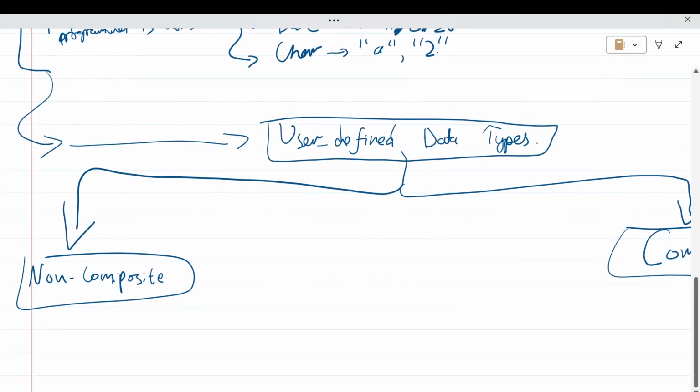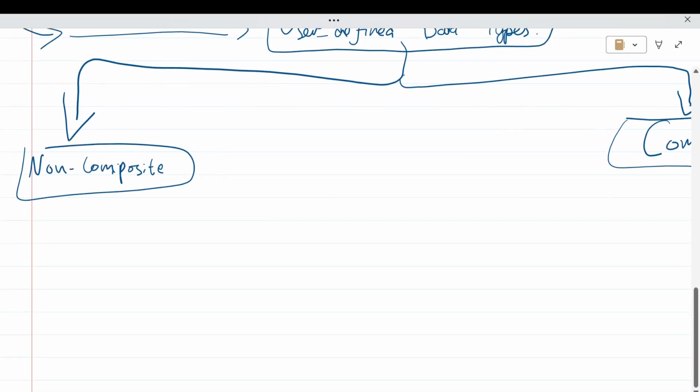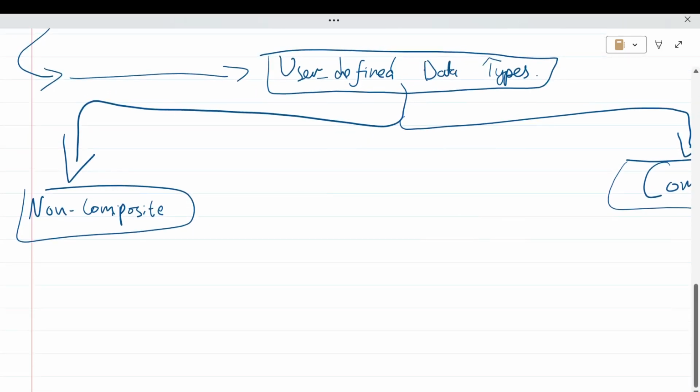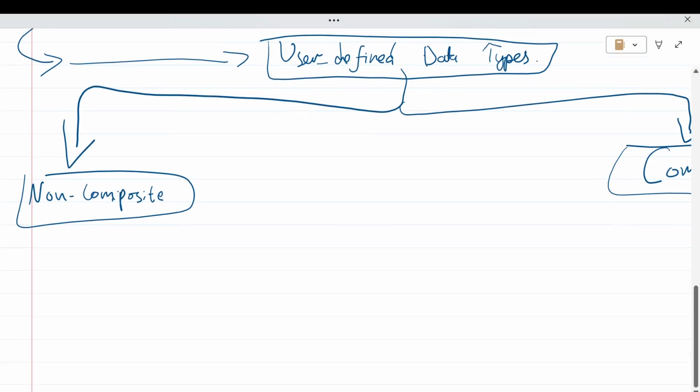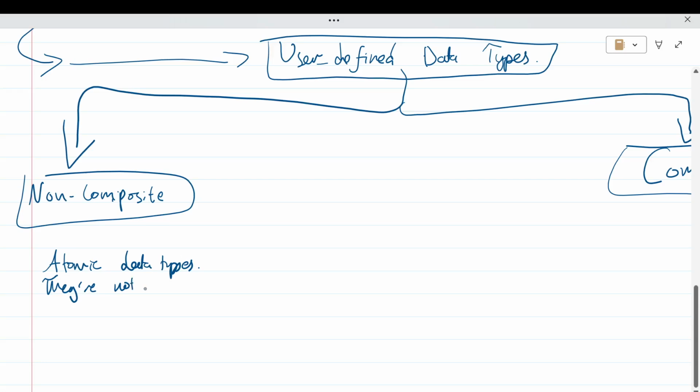User-defined means that they are defined by the user, and non-composite, or let's call it atomic, means that they are not built from any other data types.